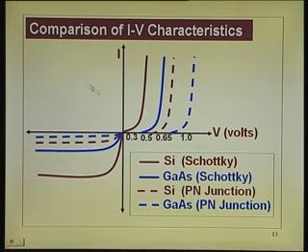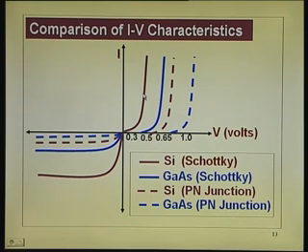You see that it is conducting at lower voltages, 0.3 volts. You can see if there is a p-n junction and a Schottky barrier diode in parallel, the Schottky diode will be dominating.